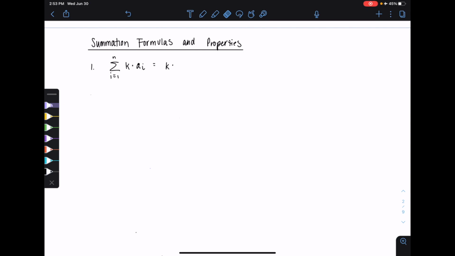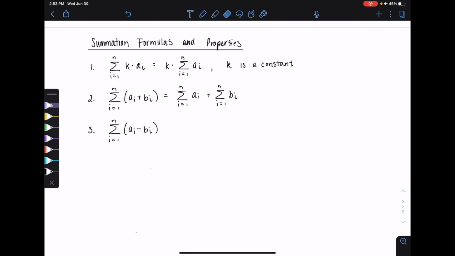So really, you can just pop the constant out of the entire sum. So it only works when k is a constant. If I want to add 2 things that both deal with this variable i, you can really just take the summation of each of them individually. Likewise, if I'm subtracting 2 things, I can take the sum of their subtraction.